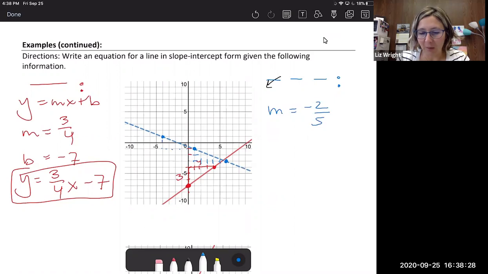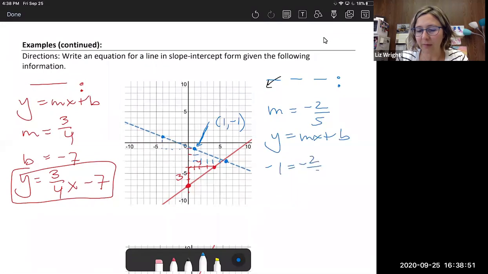All right, so finding our y-intercept. I am going to pick this point, it looks pretty easy. So we've got it at 1, -1, and we're going to plug that in. Again, you're plugging into y equals mx plus b. And we have -1 equals -2/5 times our +1, which is right here, plus our b.